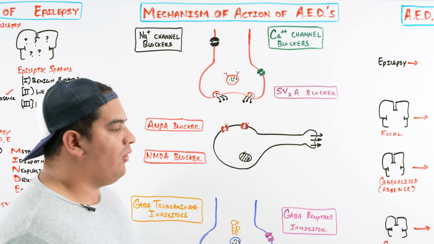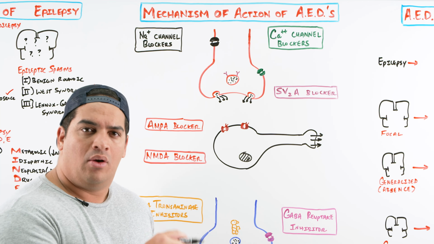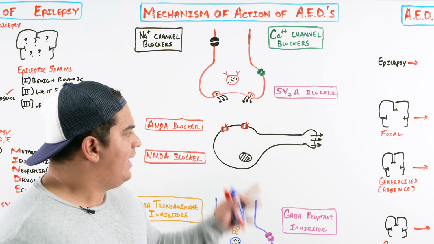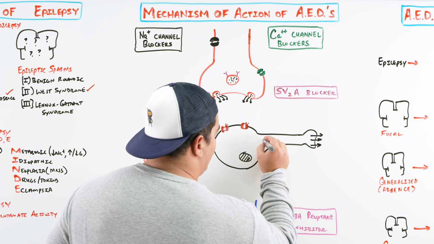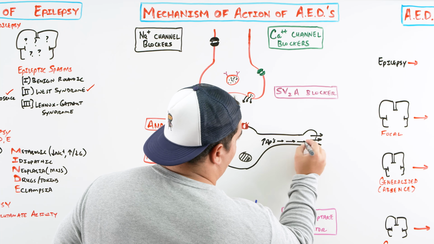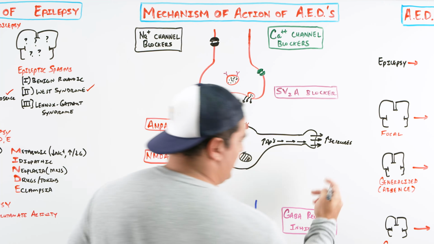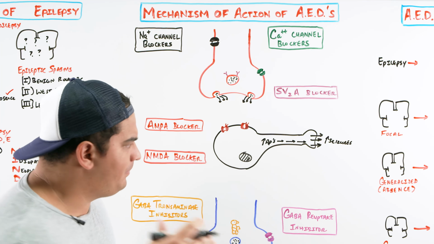All right, my friends, so now we've got to the point that we know that one of the pathophysiological points or the mechanisms behind epilepsy is, again, an increase in action potentials. And these increases in action potentials are leading to an increase in these seizures that we see, whether focal or generalized, right?